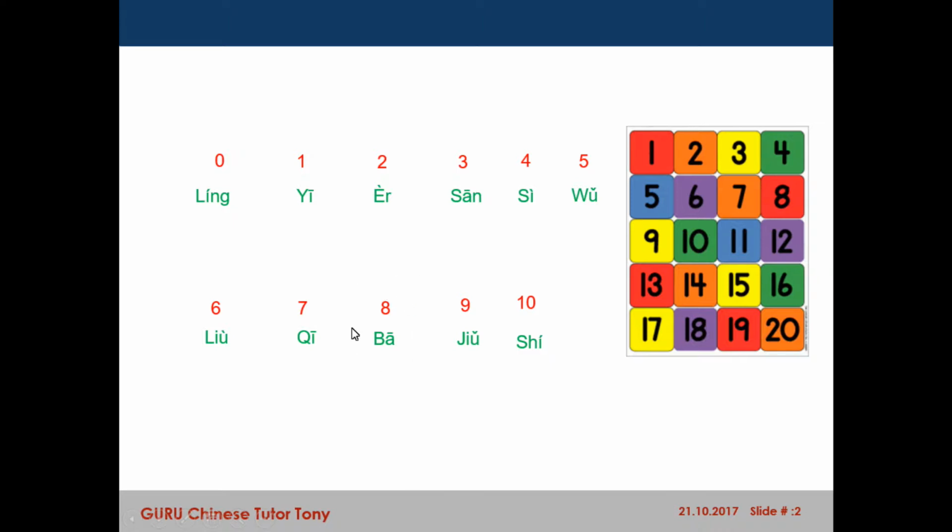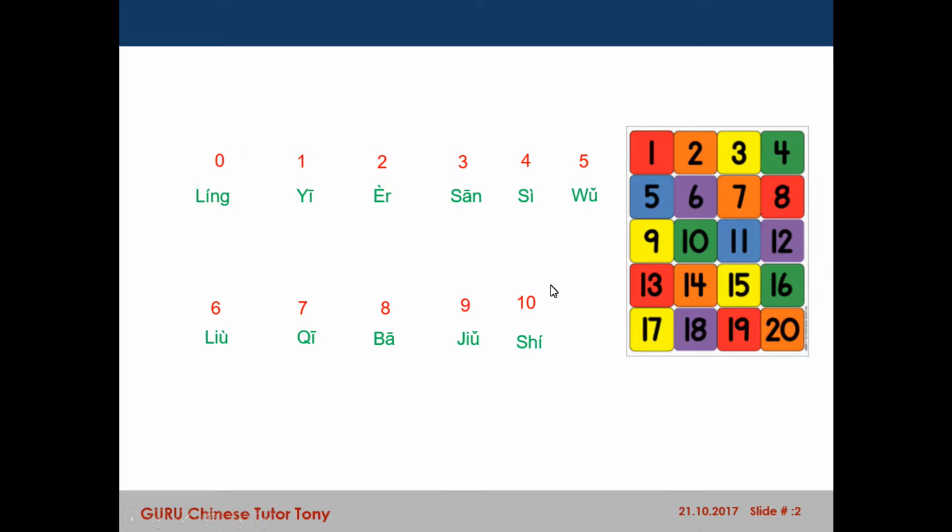It's like you're driving a car and you press your horn: ba ba ba ba. And then 9 is 九. Then 10 is 十.